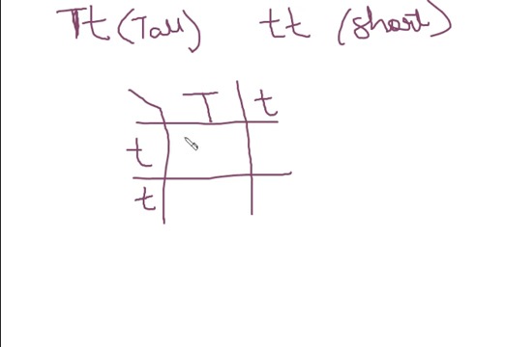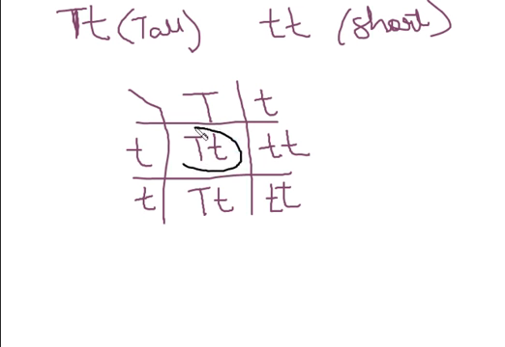Now when they combine, the child could have this combination or this, or we take this and this together, this, or this and this together, this. So here we can see that this person and this, either one of these would be tall.